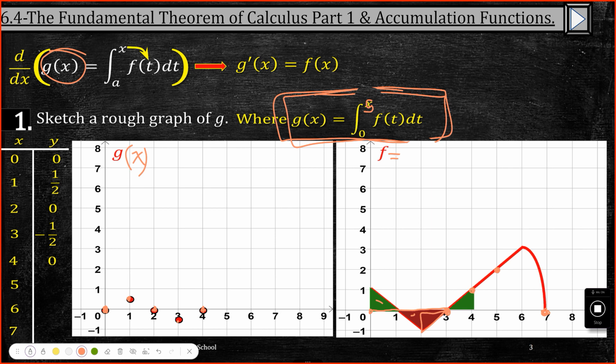The area under the curve from 0 to 5 of f. Okay, that's better. So these cancel out. We just want to know this now. What is this?